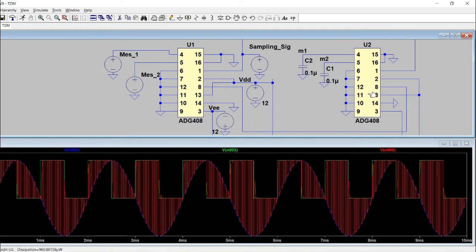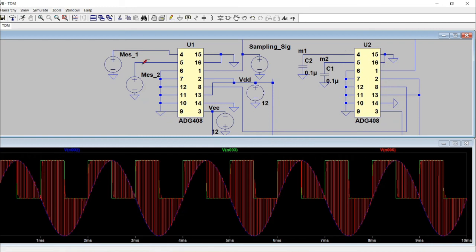What about demultiplexing? In demultiplexing, this output TDM is given as input to the second ADG408 IC, and all other connections are the same. 6, 7, 12, 11, 10, 9 are connected to ground, 15, 16 grounded.